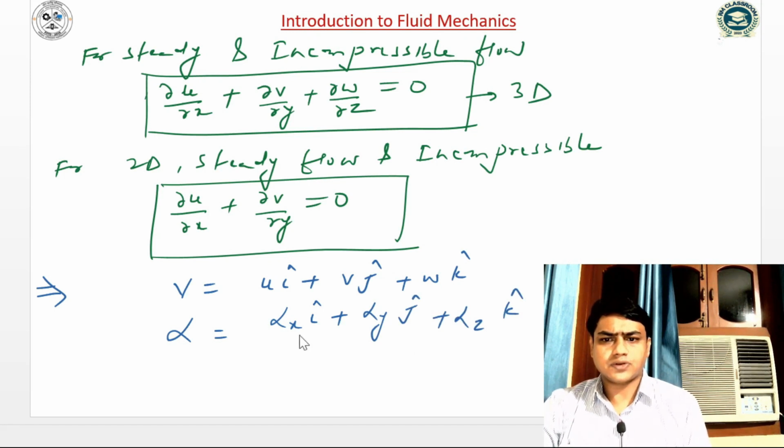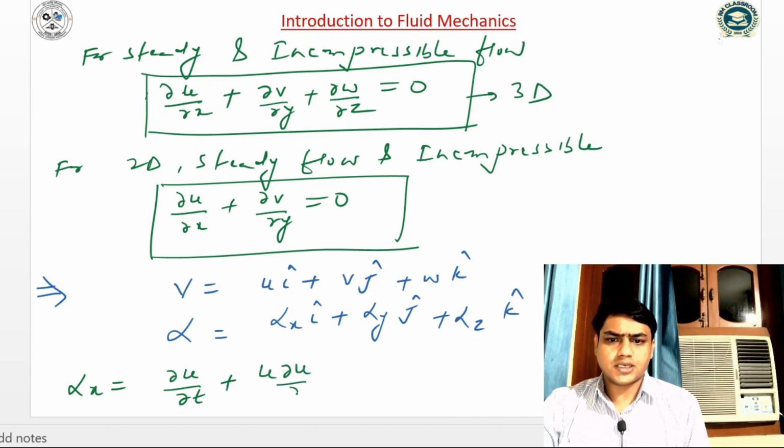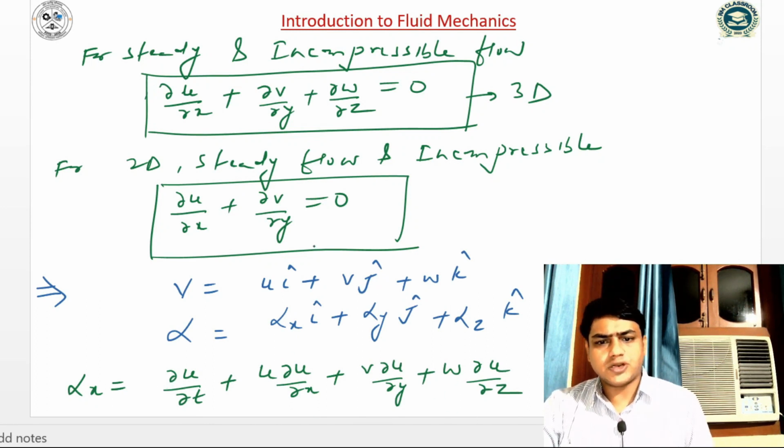So alpha x is equal to del u by del t plus u into del u by del x plus v into del u by del y plus w into del u by del z, where del u by del t is the local acceleration and u del u by del x plus v del u by del y plus w del u by del z is the convective acceleration.